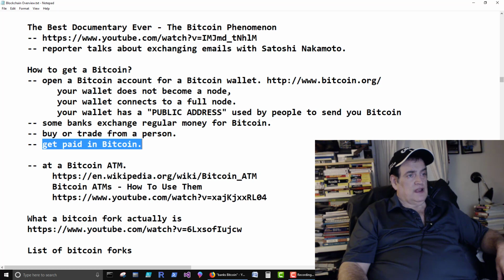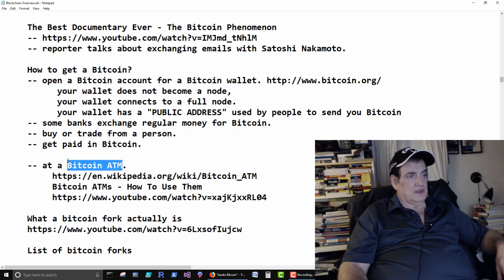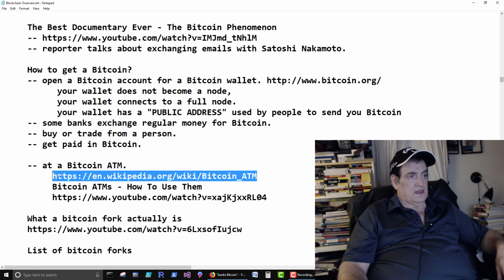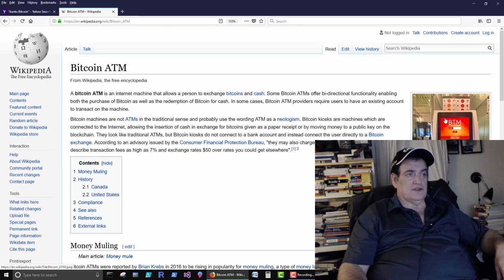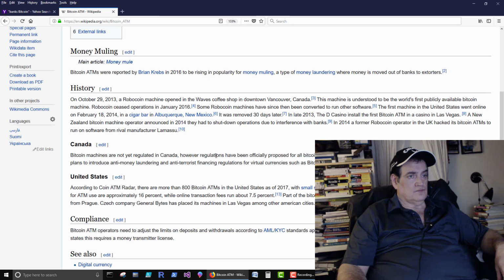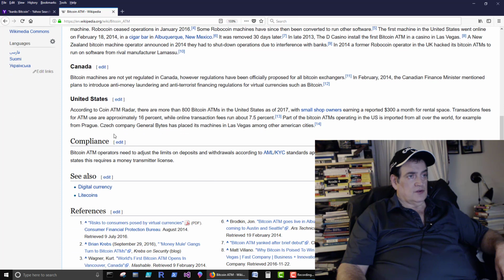There's Bitcoin ATMs. It's a regular ATM that you would go to. It says Bitcoin along the top. So here's a picture of one. So here it says in the US there's 800 Bitcoin ATMs as of 2017.